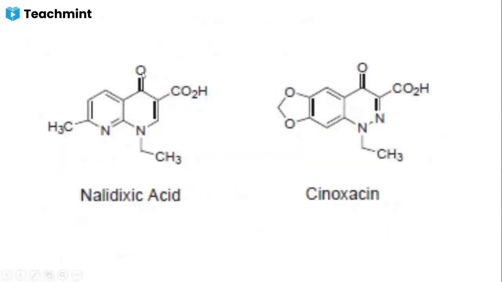So this is the ring, an N1 alkylated, 4-oxy 3-carboxy pyridine ring, which is fused to another ring and which has other substituents. This is the structure of nalidixic acid, the first quinolone identified.